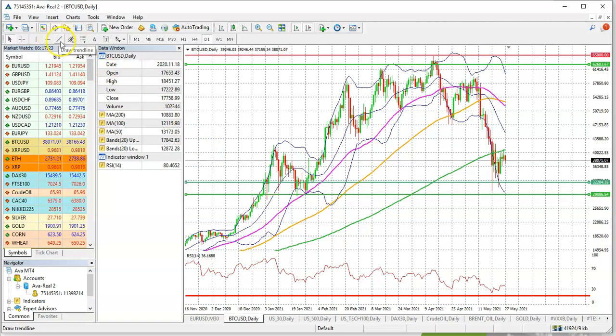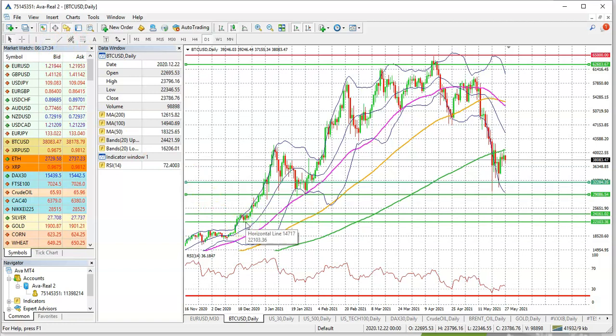Now, of course, if the price breaks further below this particular moving average, this particular support zone, then the next support zone that we are very much focused on is right over here. It is between 22,000 to 24,000.